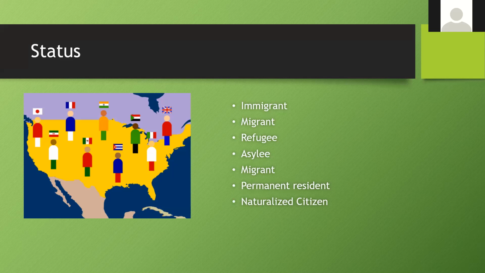And then an asylee is someone who seeks asylum at the border of another country and is in the process of becoming protected, wanting to seek refugee status on the grounds of fear of persecution or whatever it may be as far as their circumstances.